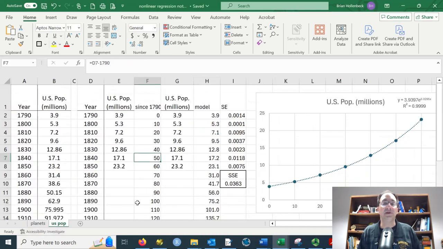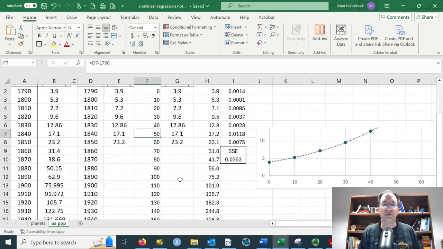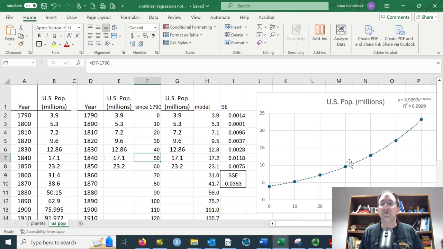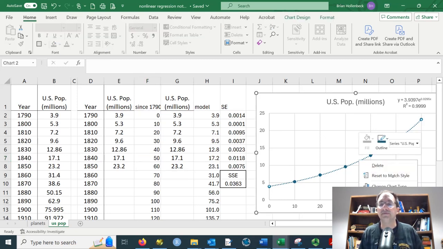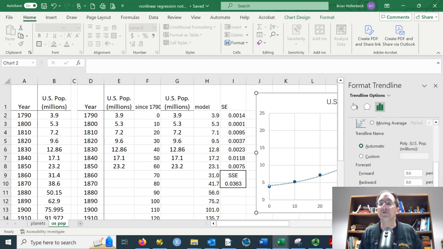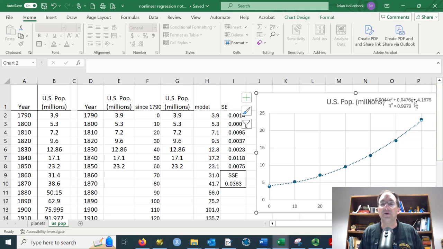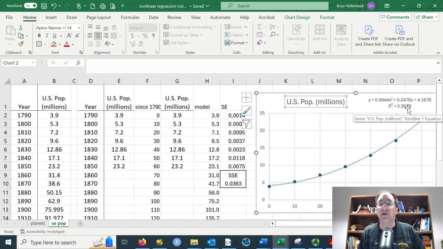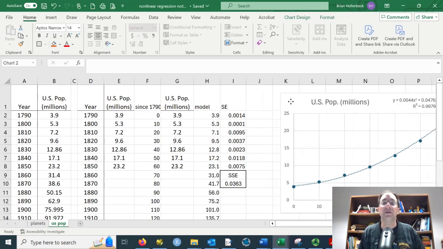What about US population? This one, the exponential had a nice fit, but it didn't extrapolate so well. So let's try a quadratic for this one as well. Go to trend line polynomial, going to stay with order 2. I don't need a 0 intercept, so I'm okay with an intercept of 4.1. That seems reasonable. Getting a great R squared value. So let's give this a try.